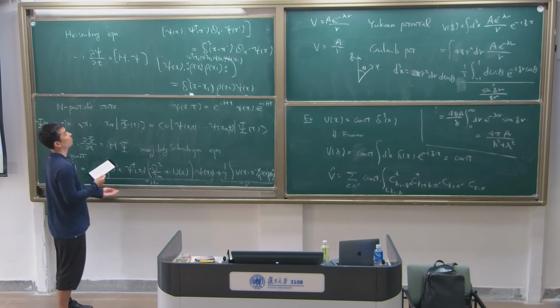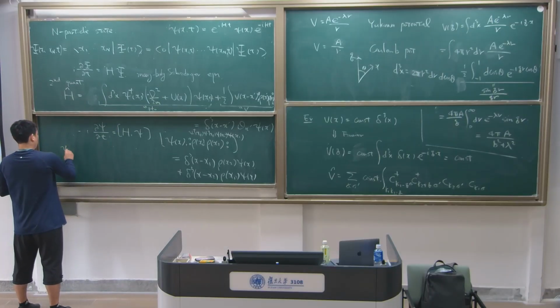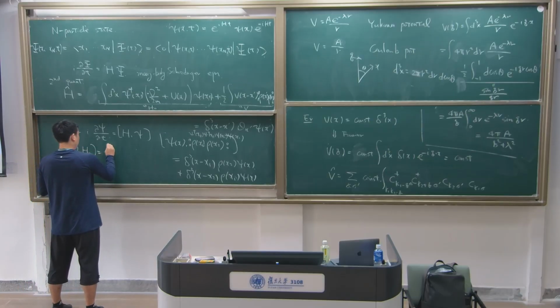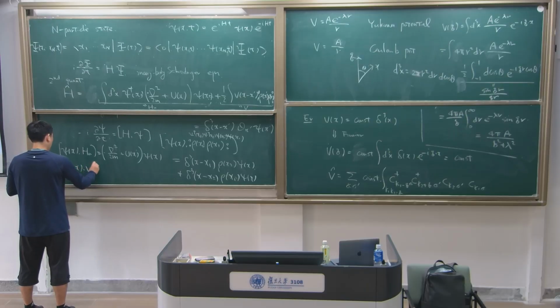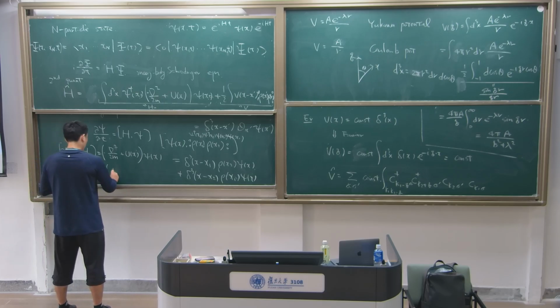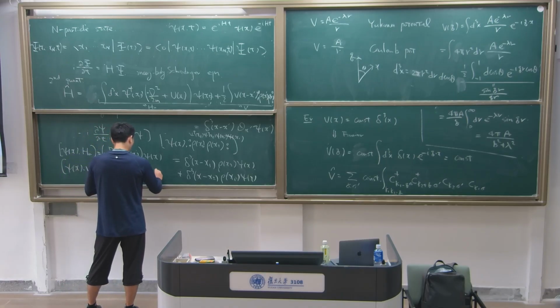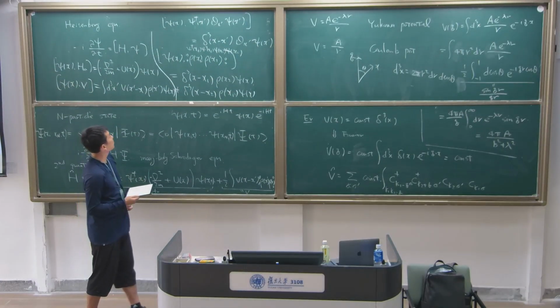If you use that, we get i del psi del t of x is equal to minus del squared over 2m plus V of x acting on psi of x, and then the interaction term, the integral d cubed x prime of e squared over x prime minus x times rho of x prime psi of x. That's what you get.